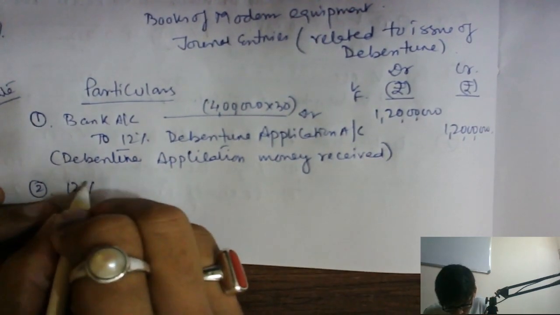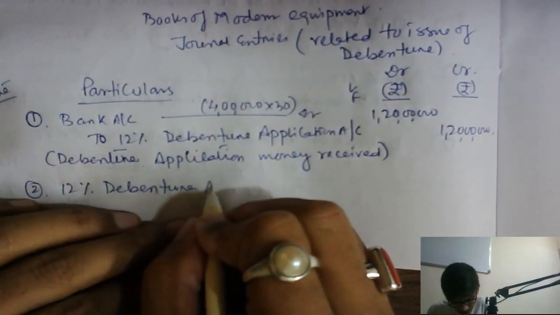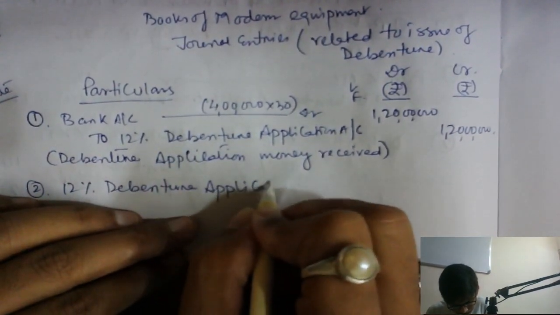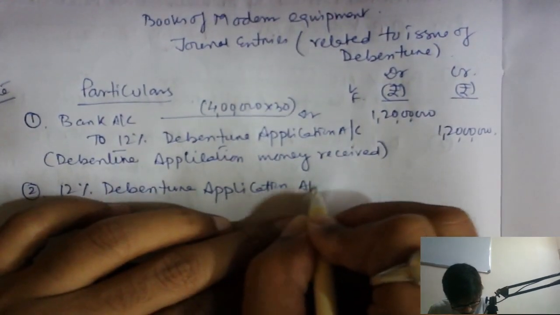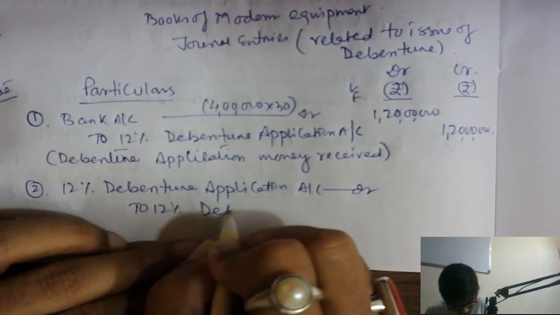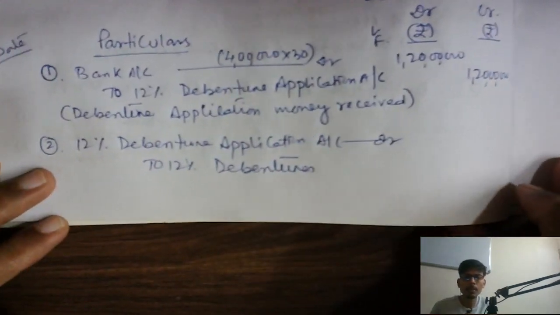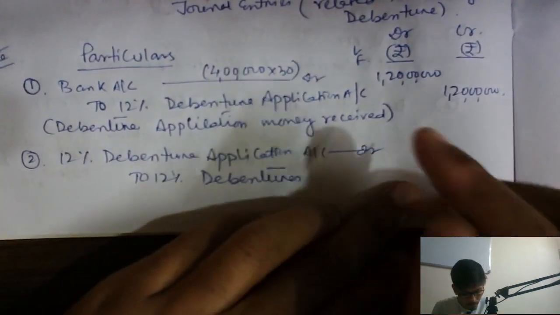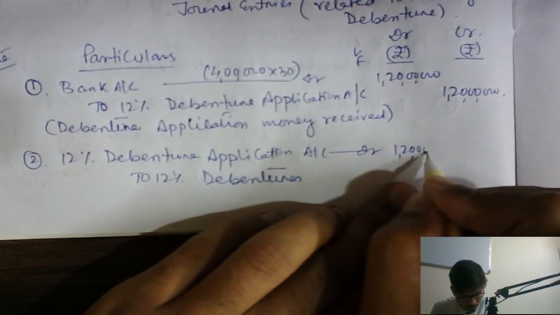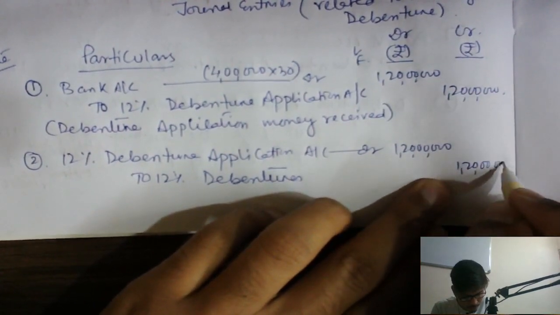So we can write, sir, 12% debenture application, which is similar to equity shares, to 12% debentures. Sir, what will the amount be? 1 crore 20 lakhs, because premium is on allotment, and we are going to adjust it on the allotment.